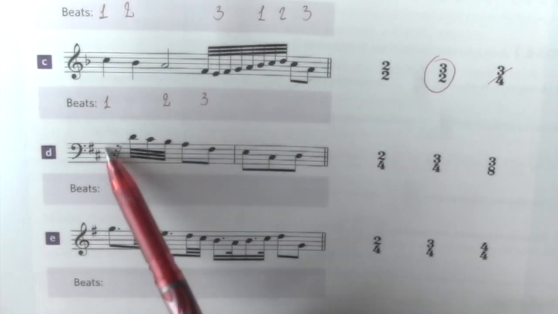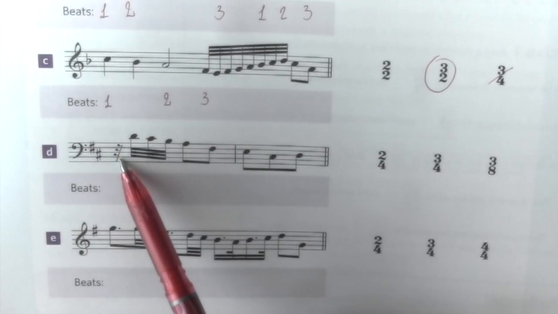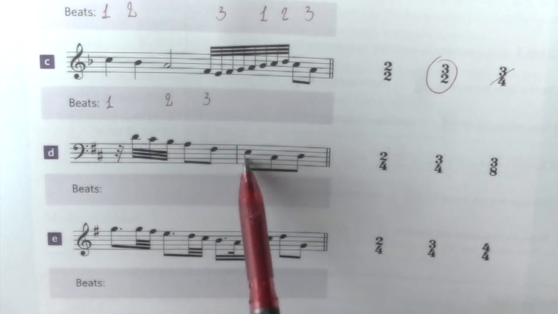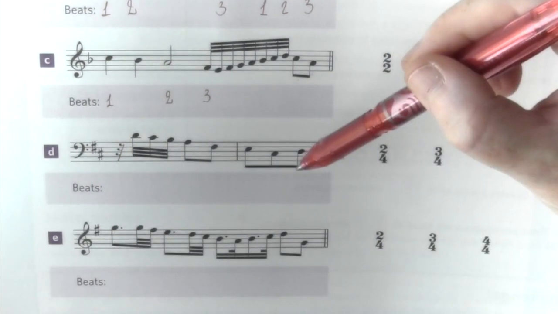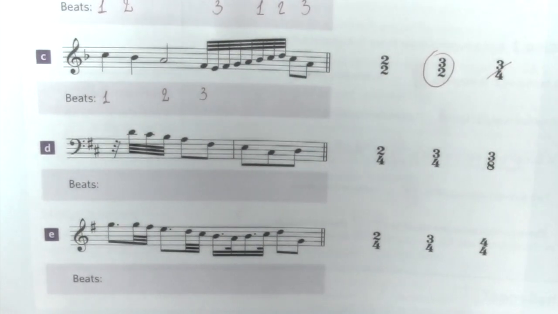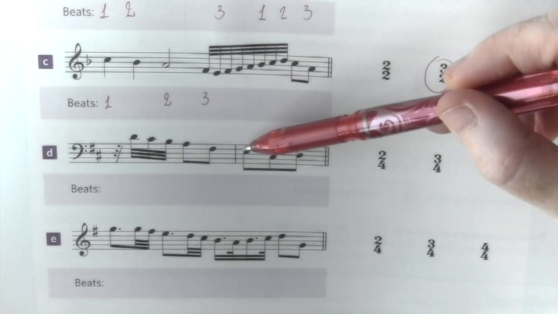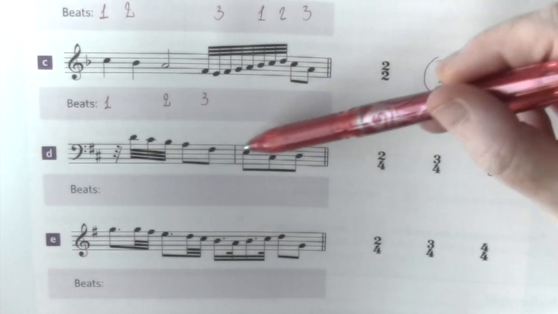Next one. 4 things make 1 quaver, 2 quavers, 3 quavers, and then I have 3 quavers here. First of all, when I see things from above, I would go for the easiest thing that I see, which is this for me.